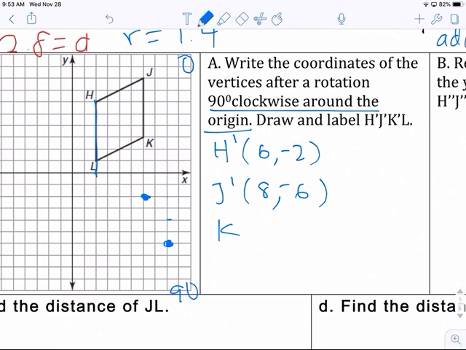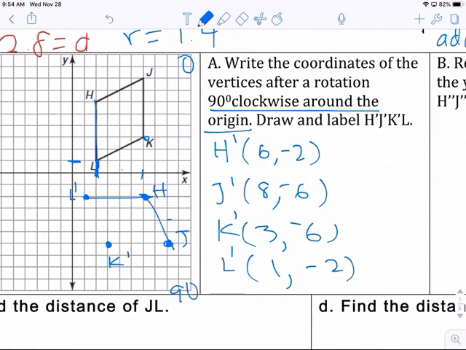K is 6 and 3, so K prime is 3 and negative 6, right here. And our last one is L prime. L is 2 and 1, so it's 1 and negative 2. L prime. And there you go, our graph.